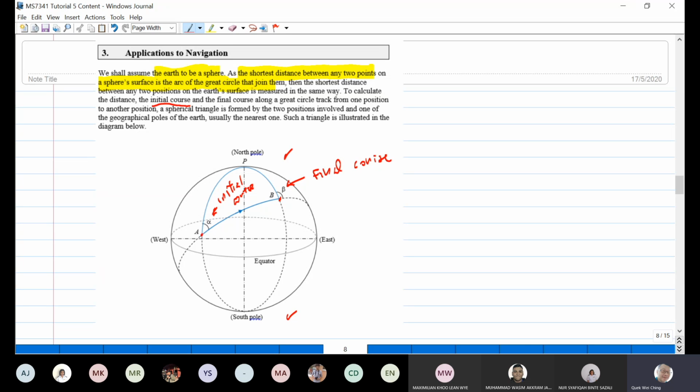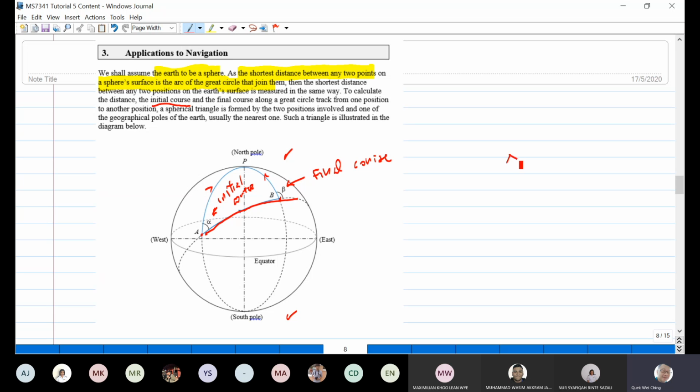The movement of the ship is in this way. This is how the movement of the ship looks, moving in this direction. You draw the angle from the North Pole, pointing to the North Pole. Then the initial course and final course are actually the bearing.